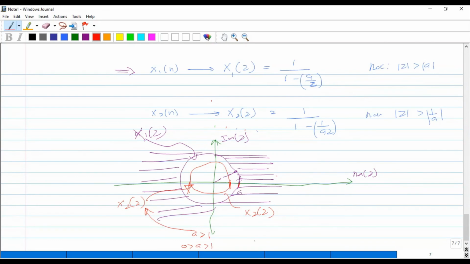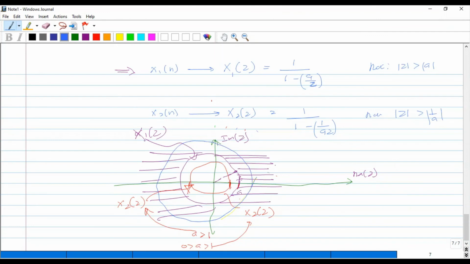Say a is 0.5, and 1 by 0.5 is 2. So if a is between 0 and 1, the ROC of X2 will be outside this a circle, like this.